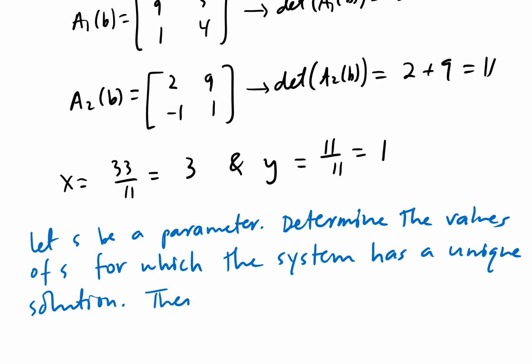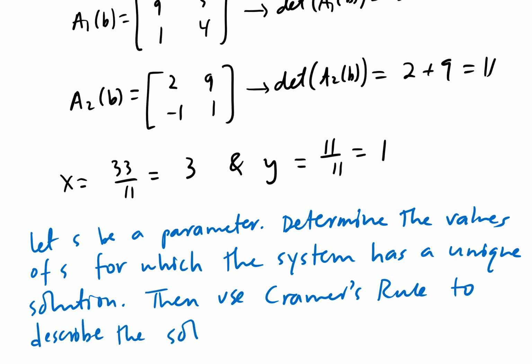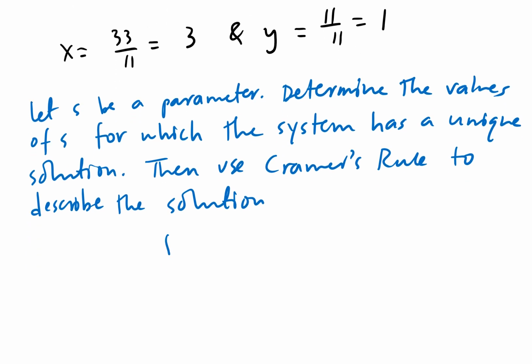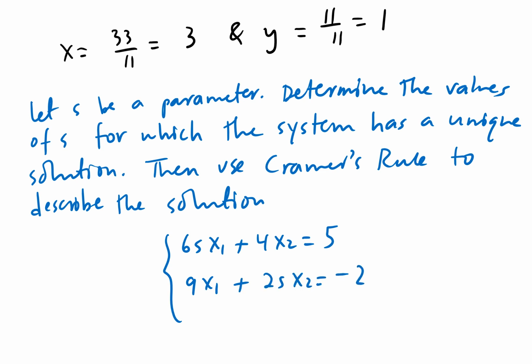Then use Cramer's rule to describe the solution for the system 6s x1 plus 4 x2 equals 5 and 9 x1 plus 2s x2 equals negative 2.